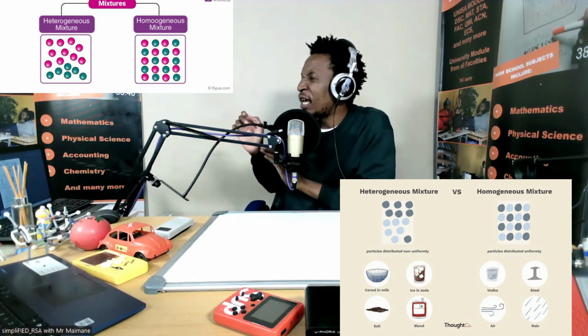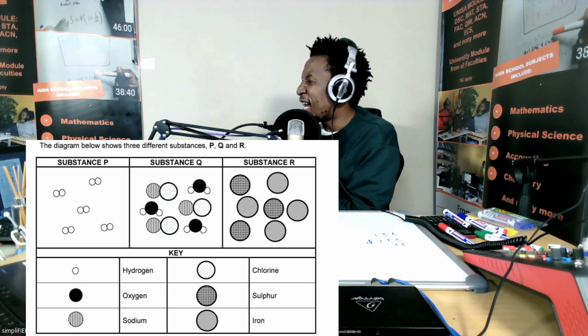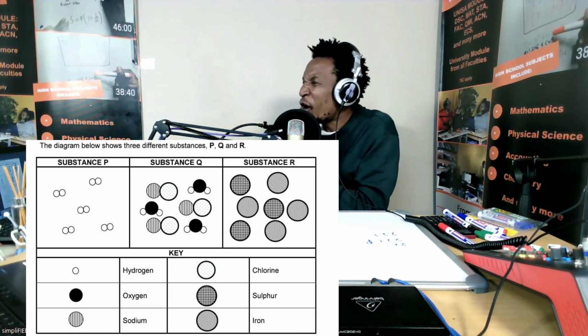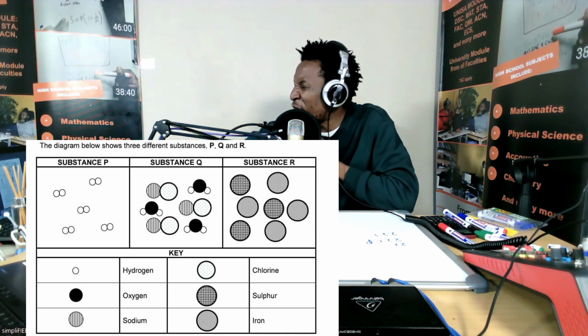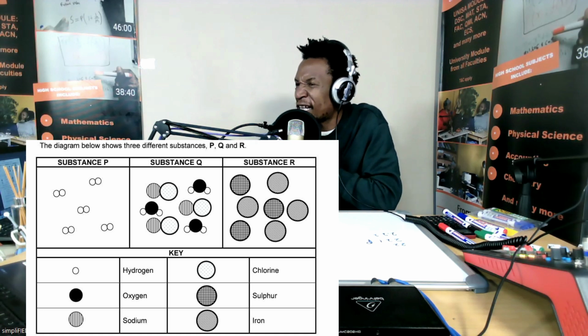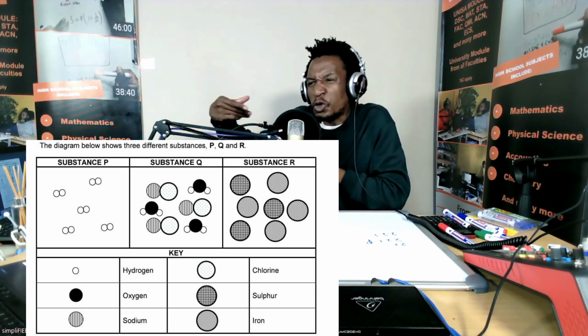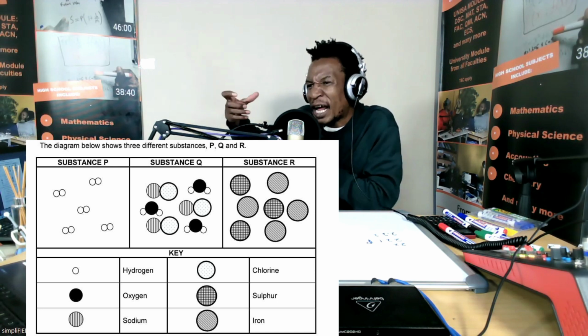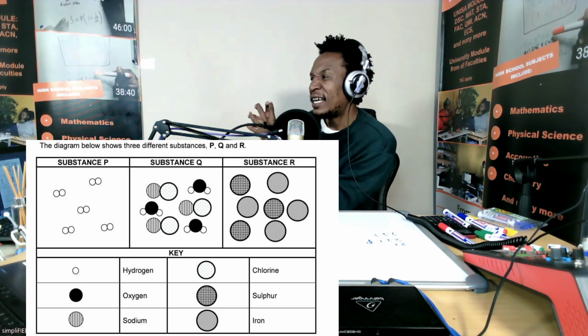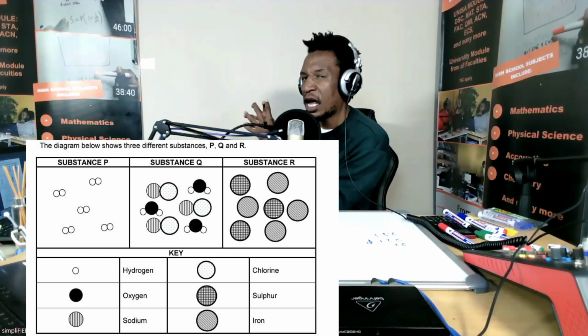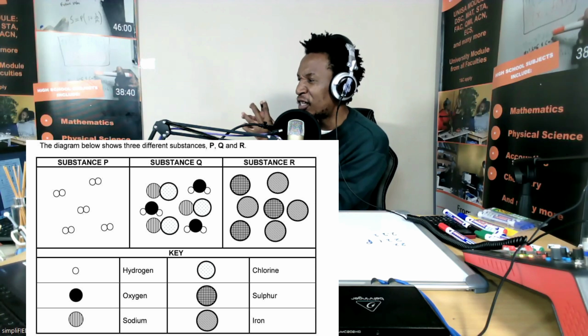Now from the images, obviously you can tell that substance Q is organized in order like that. We have a combination of sodium and chlorine going together, and a combination of water there. So we can see it's a solution of water and sodium chloride. And from the diagram itself, it's bonded in an order that tells us that's a homogeneous mixture.